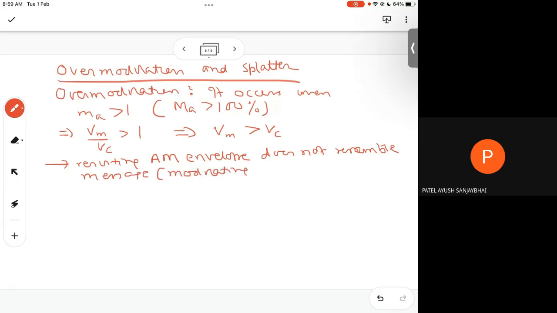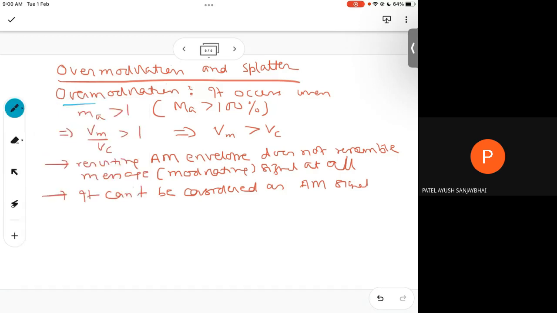It does not represent it at all. So it cannot be considered as an AM signal, and we should try to avoid it. We can avoid it by making sure that your VM is always less than the VC, and VC is something which is in my hand. I can change the frequency and those things. Then the next term we have is splatter.